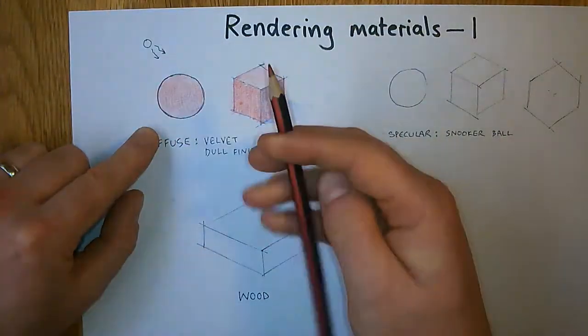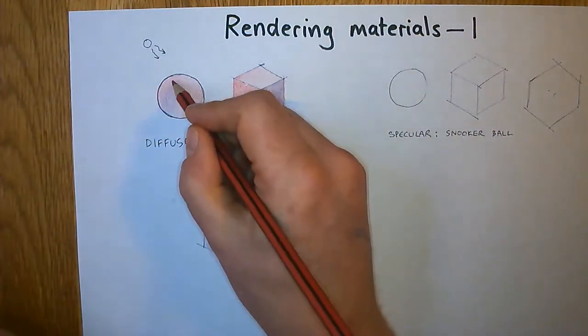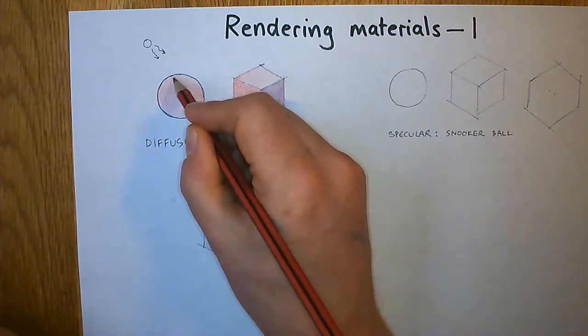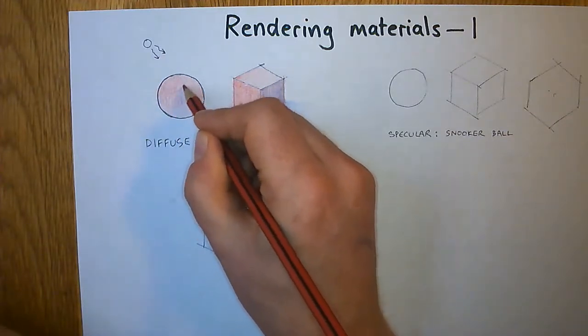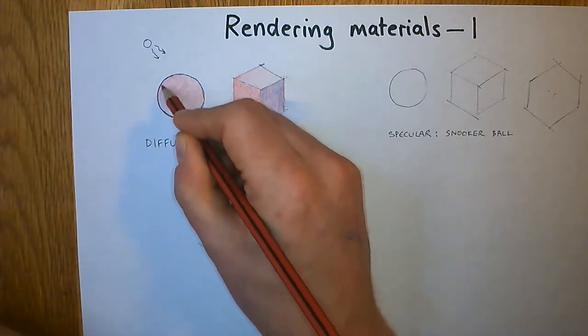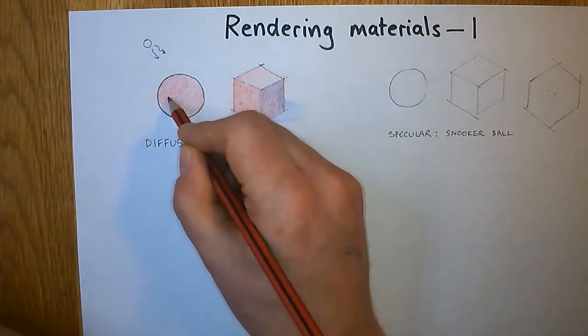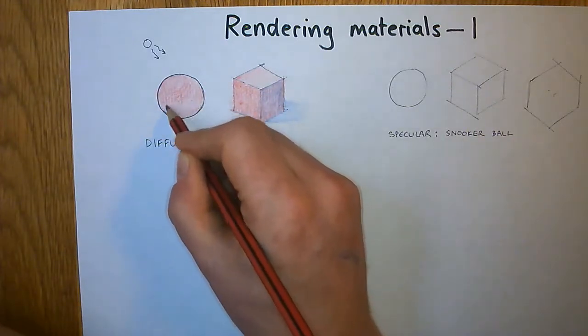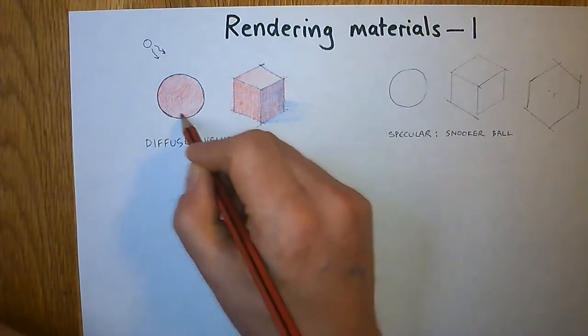I'm going to take my mid-tone of my red, and if my hot spot is up here, okay, my hot spot's there, I want to blend this round, take this mid-tone all the way down to the bottom of the ball.